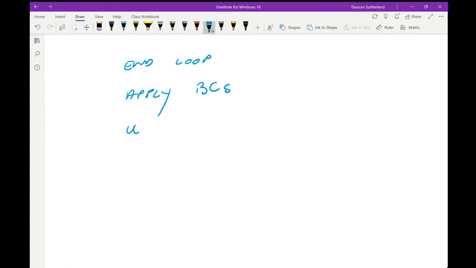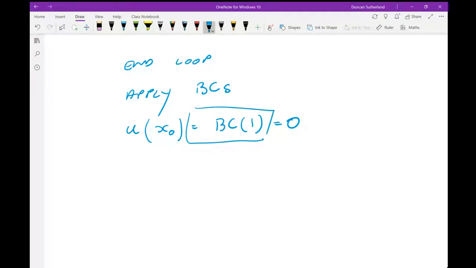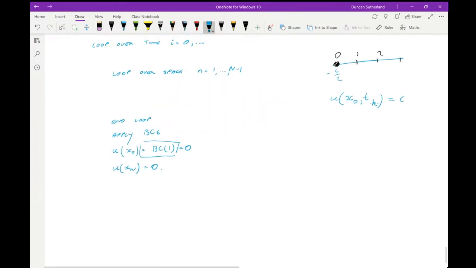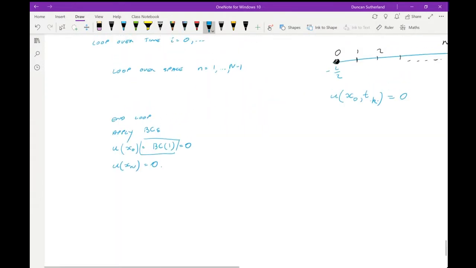So we're going to have an expression like x0 equals bc1. Hardwire that 0 in. We'd call it a variable. Or we could do it like that if we know that our boundary conditions are never going to change.